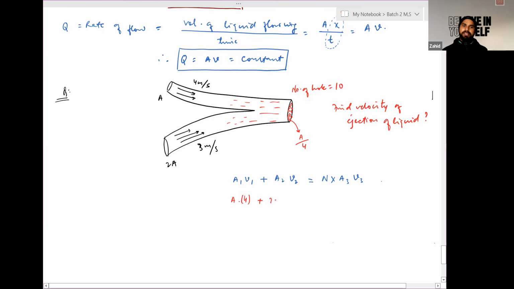This is the second arm, so area is 2A, velocity is 3. Equals, we have 10 holes, each having area A by 4 times V3. So 4A plus 3 into 2A, 6A, equals 10A divided by 4 times V3. So this will be 10A equals 10A by 4 times V3. 10A and 10A will cancel out. So V3 equals 4 meter per second.